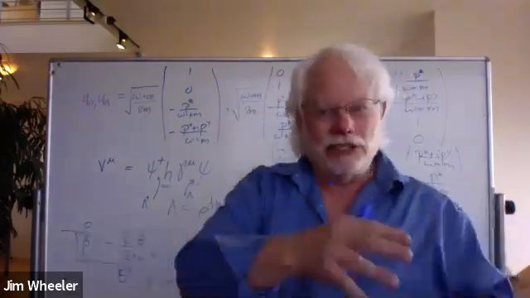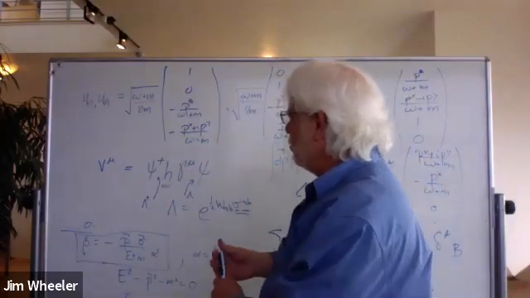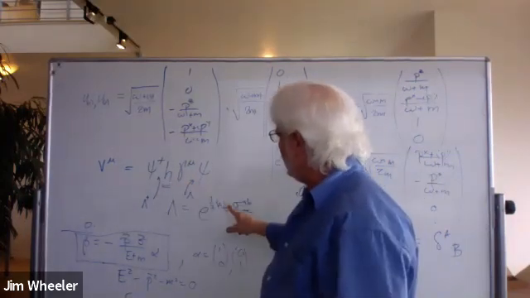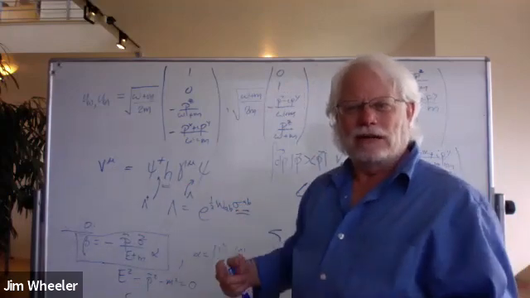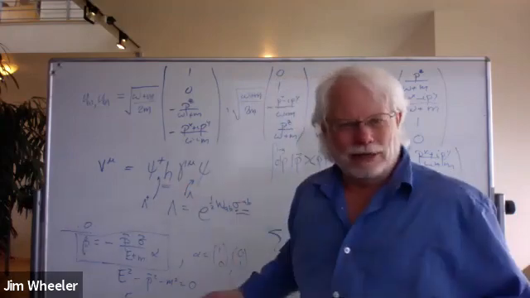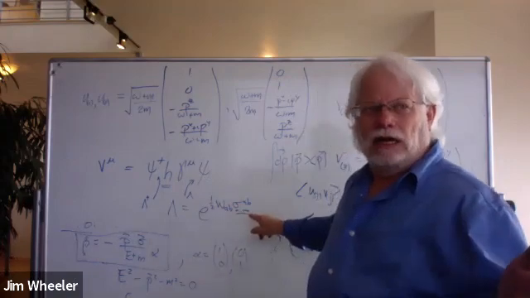Otherwise, you won't get rotations or boosts. And that works out if you have certain commutation relations between H and these sigmas, which translates into certain commutation relations between H and the gammas. I forget which way it goes, but it's in the notes.